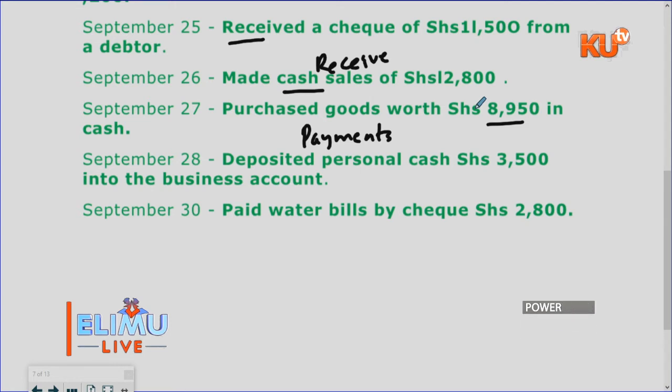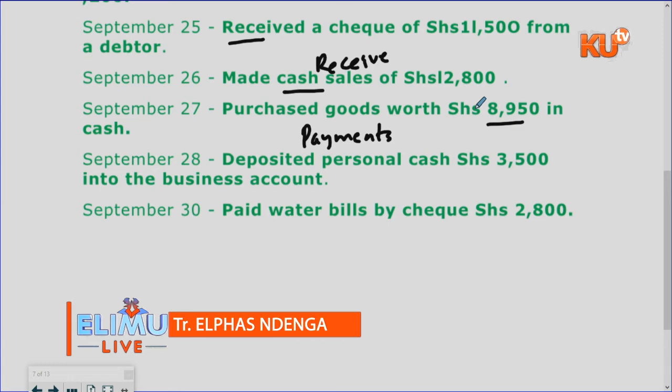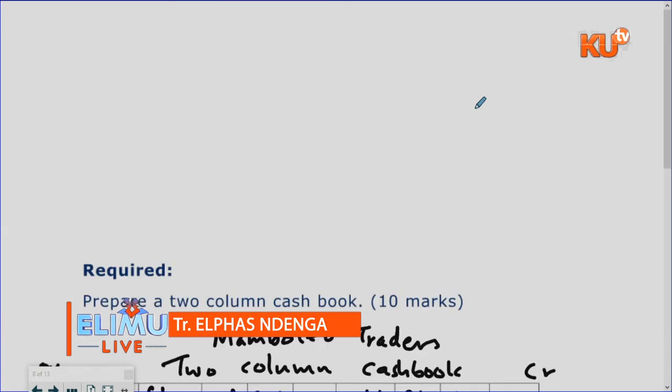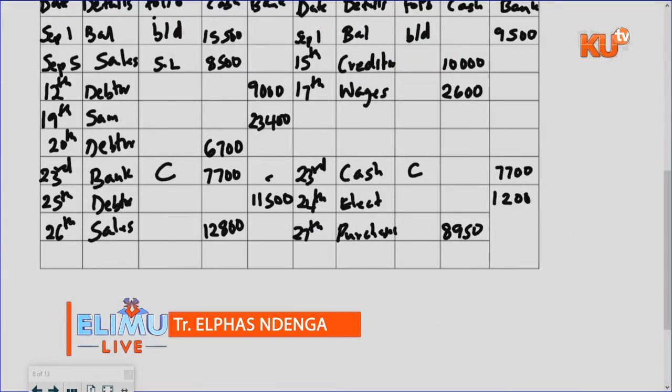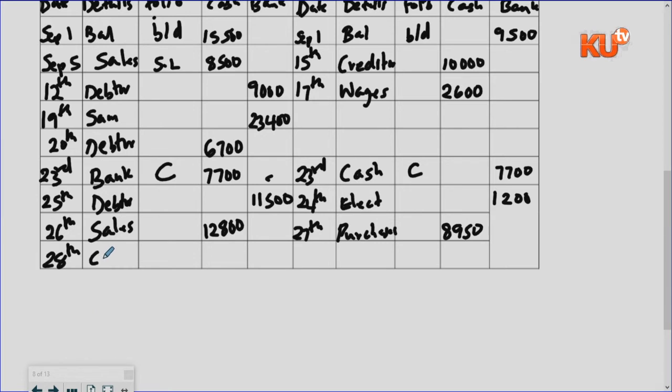So we'll simply have to add the cash, the business cash account. So we have that is on 28th. There is a receipt of. So we have that is in cash, or simply write additional investments, cash of 3,500.